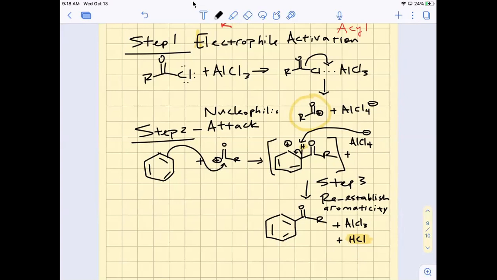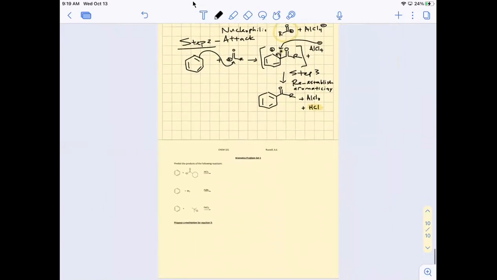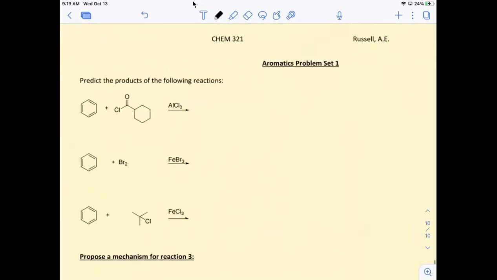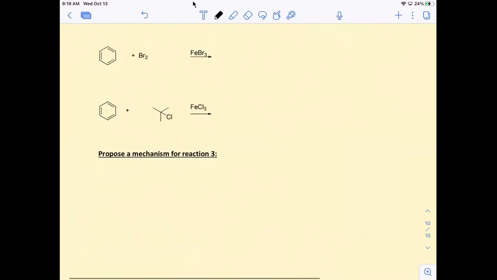All right, let's work through some of these examples. And I'm going to leave the mechanism part for you to do.